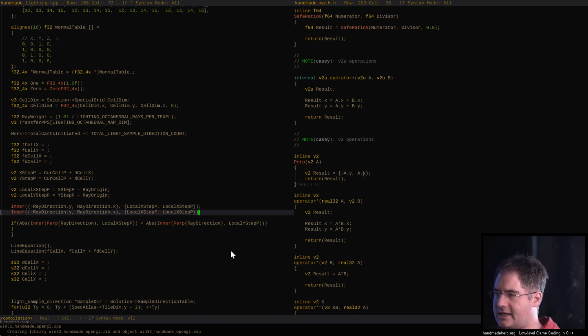So we actually have something that looks like this as the two quantities that we would need to compute in this case. And we're going to compare the absolute values of those two things. Now, looking at this, it's worth noting that local step x, in this case, is the current cell P plus the D cell X.